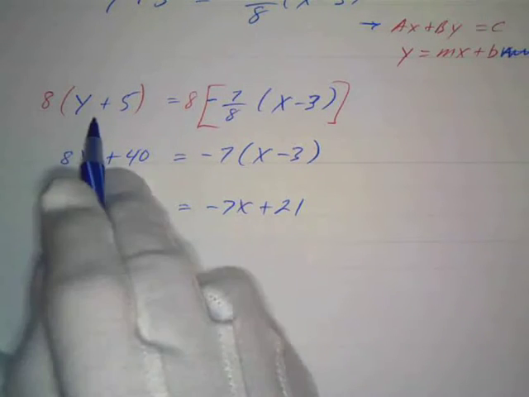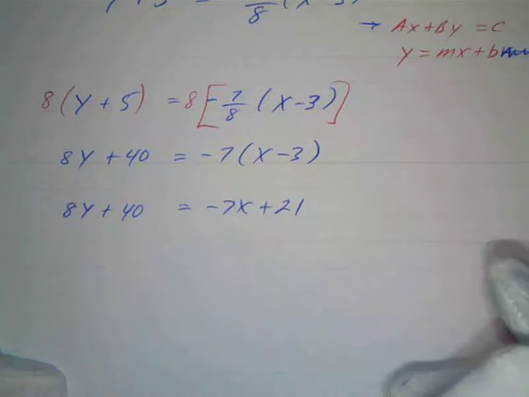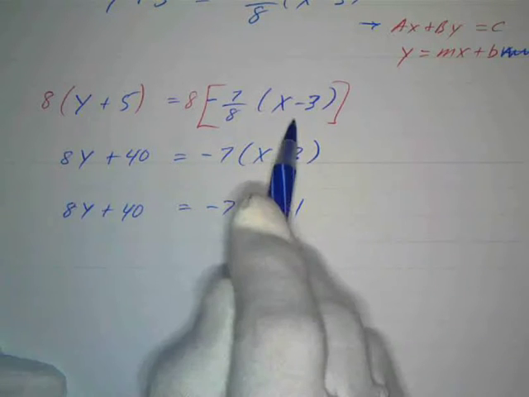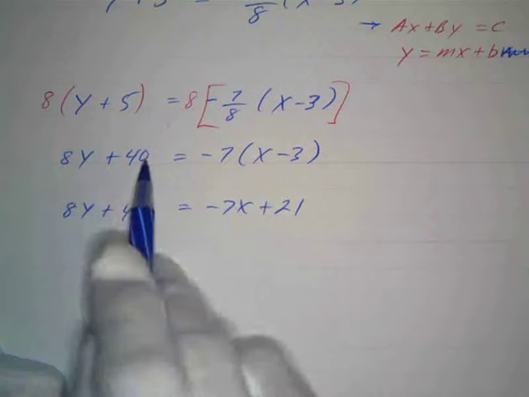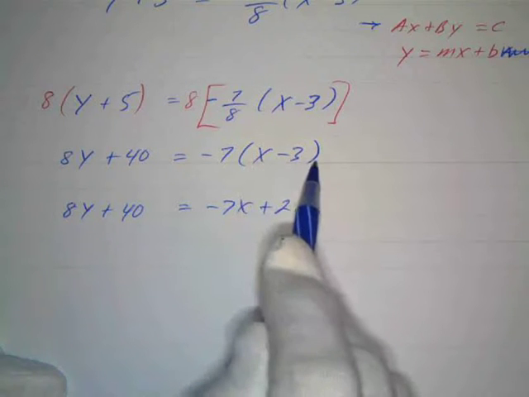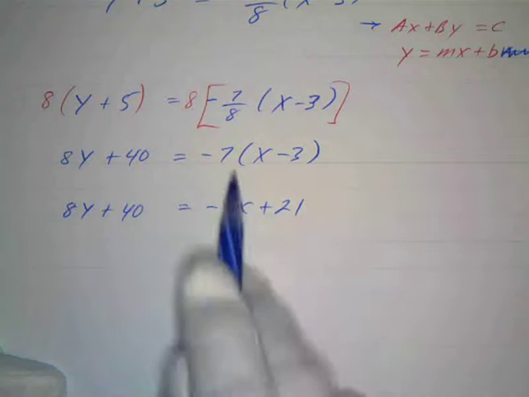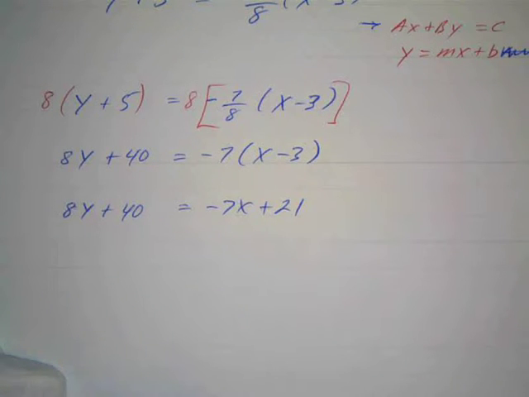So again, we started with y plus 5 equals negative 7/8 times x minus 3. And in this case, I'm going to multiply both sides by 8 to remove the fraction. So I've got 8y plus 40. 8 over 8 cancels, so minus 7 times x minus 3. Then I'll remove the parentheses over here. Minus 7x, negative times the negative is positive, plus 21.